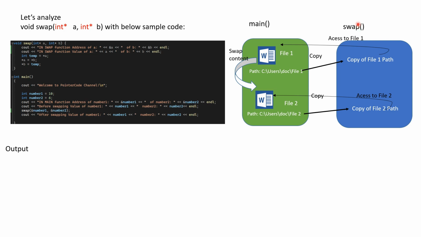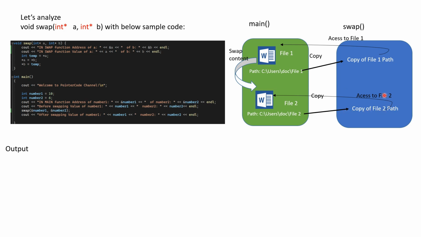When we call swap, we send a copy of the file path, not a copy of the content like pass by value before. In this case, we still pass a copy, but the copy is the file path, not the content. So we pass the copy of the file 1 path, and the same for the file 2 path.